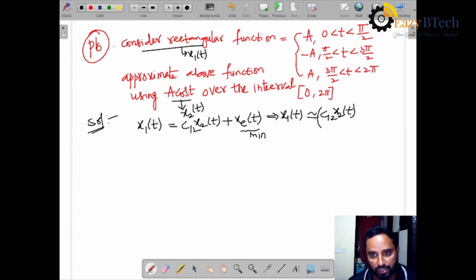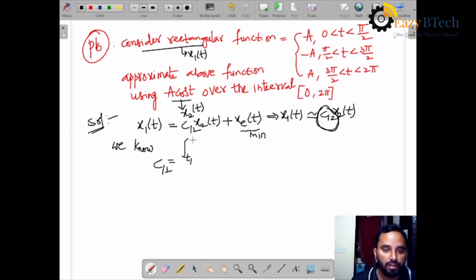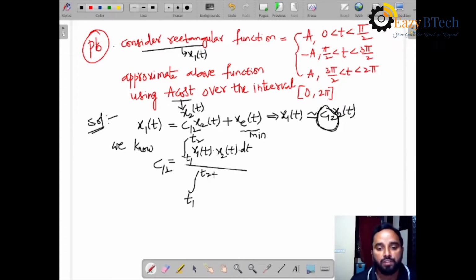This is the way of writing x1 in terms of x2. The important thing here is the calculation of c12. We know the formula: c12 is equal to the integral from t1 to t2 of x1 of t into x2 of t dt, divided by the integral from t1 to t2 of x2 square of t dt.